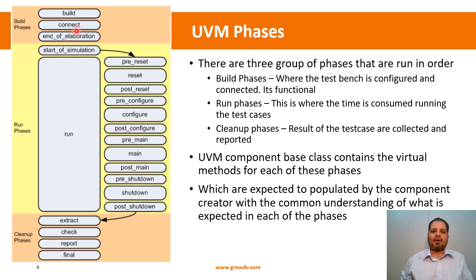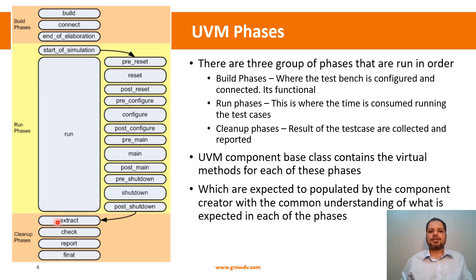Now, one key thing we need to understand is how the whole phasing flows. We start the build, then we come to connect, then end of elaboration, and that's the end of the build phase. Then we do the start of simulation, and after that we have the run phase.